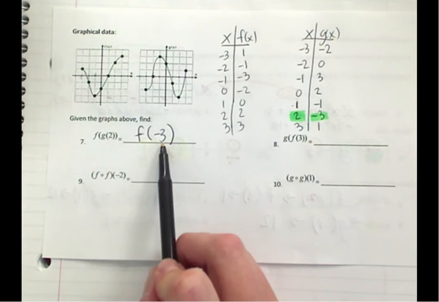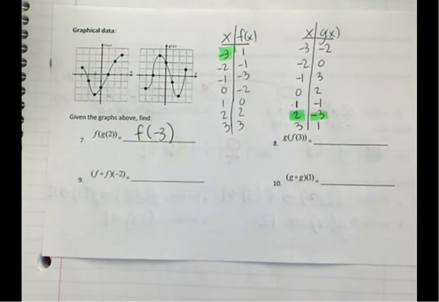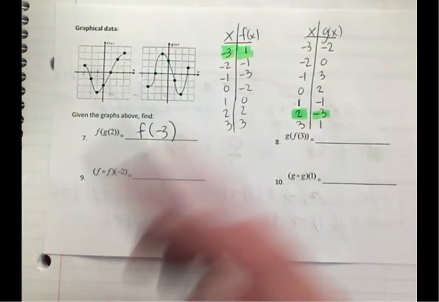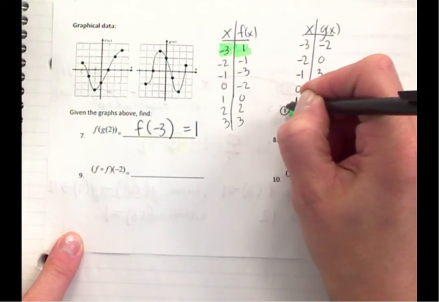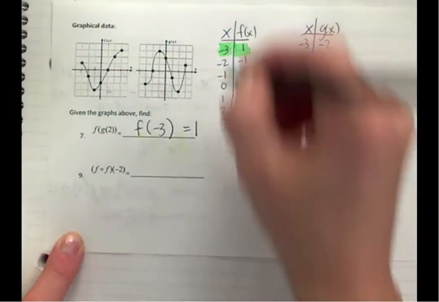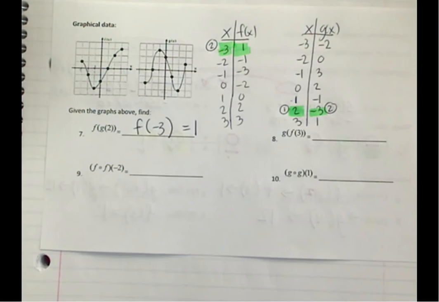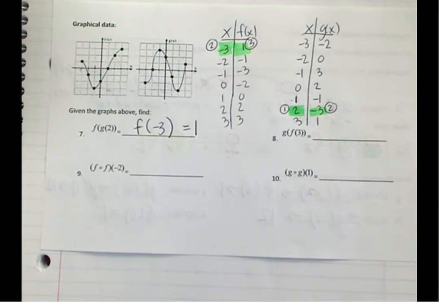Okay? -3 on the F table. Where does -3 take you? To 1. Right, so we started here, then I went to -3. -3 is the connection, and then I ended at that last output.